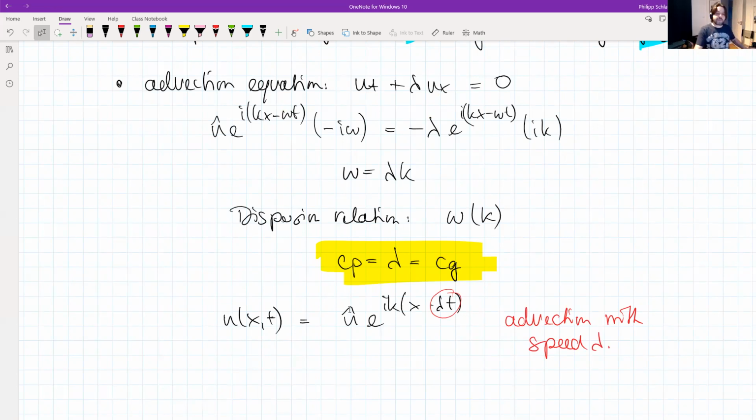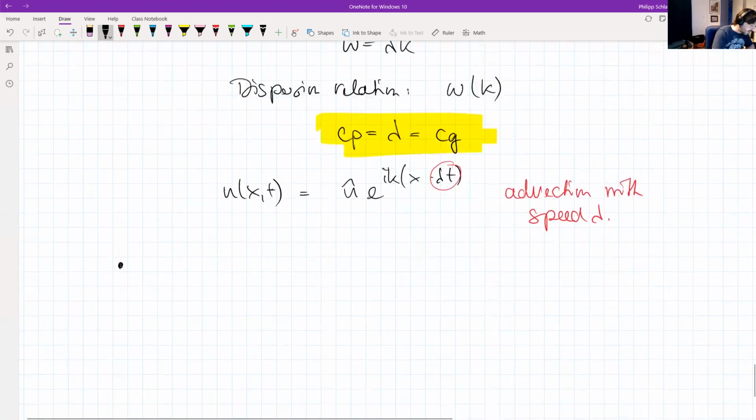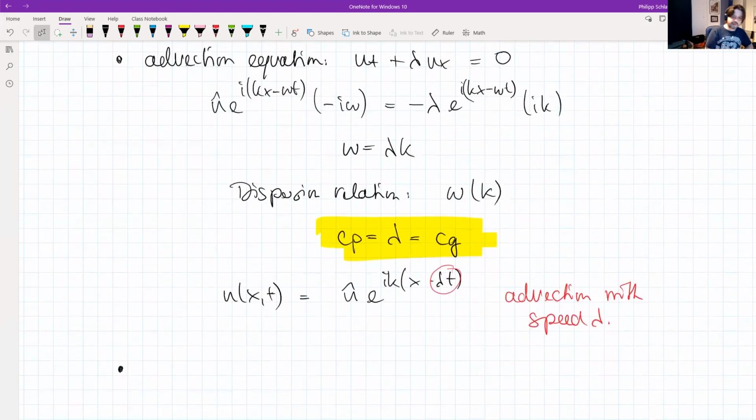Okay, this was maybe not extremely surprising or extremely exciting, but now I think it becomes more interesting because we can start to see what happens if I'm now going for a second order and the third order equation. So if I'm going to the second order equation, which the prototype would be the heat equation, u_t is nu times u_xx.